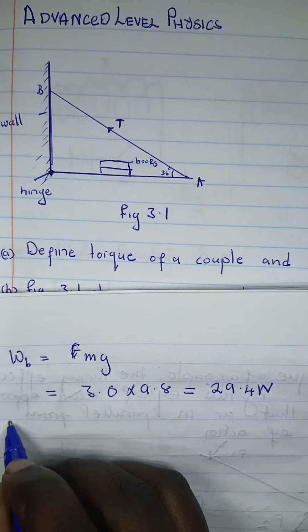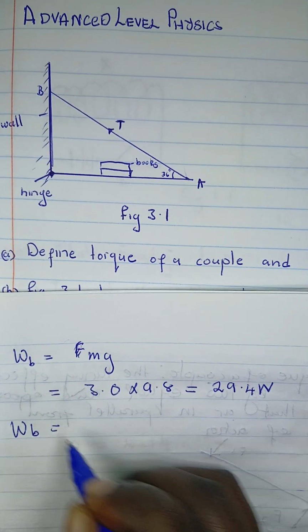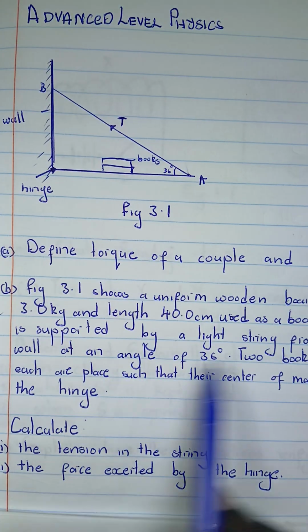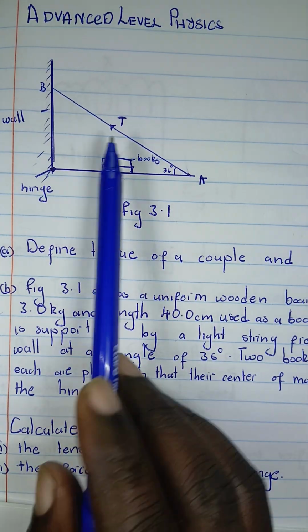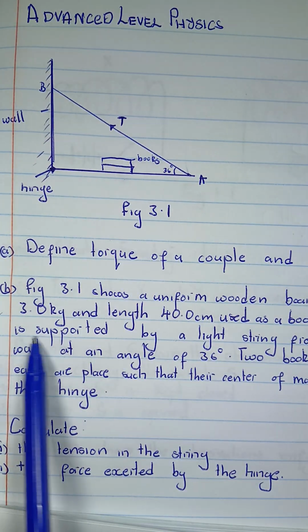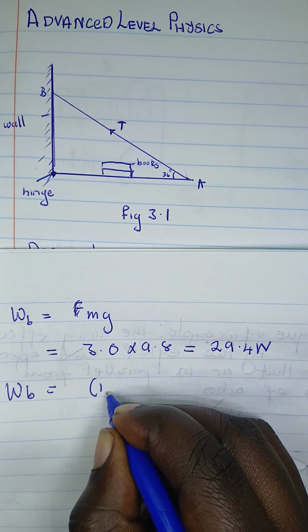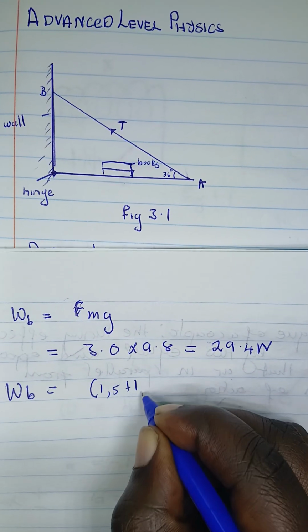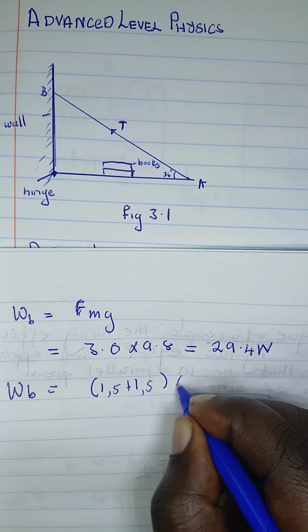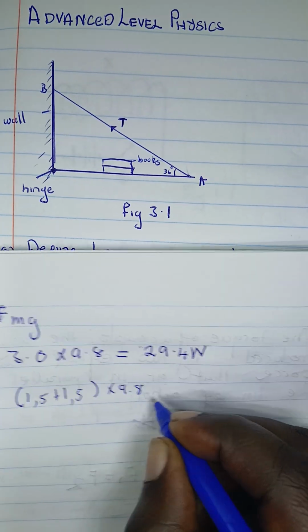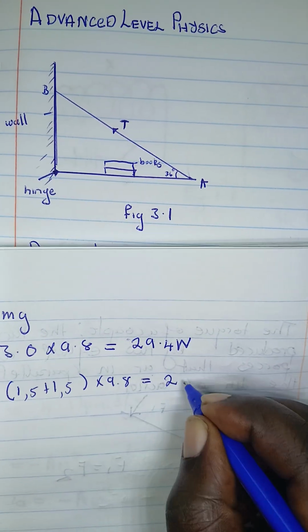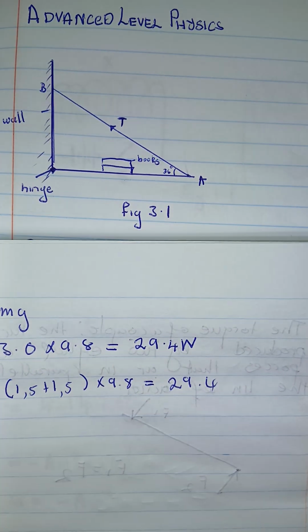Then we calculate the weight of the books. These are two books, each of mass 1.5. So the mass is 1.5 plus 1.5, multiplied by 9.8, which is equal to 29.4.